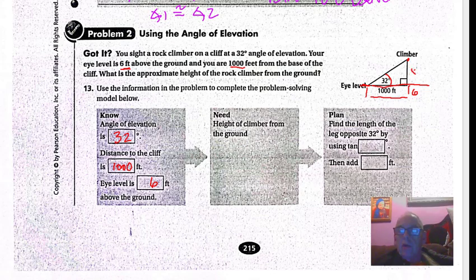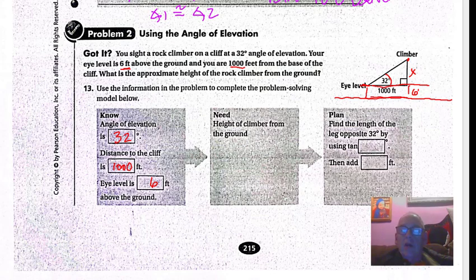So the climber is so many feet above this horizontal line, which is represented by the opposite side of the angle in this triangle. But this line is actually 6 feet above the ground because we're talking about the person's eye level being 6 feet up. So that's how the picture's going to look for this one.